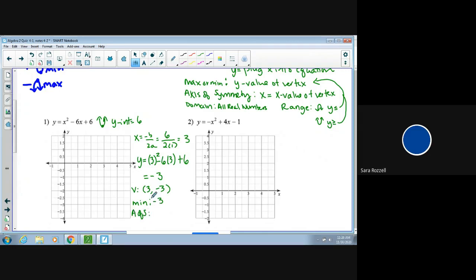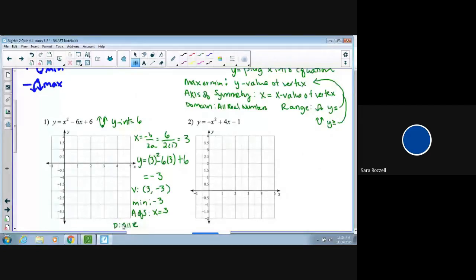Axis of symmetry is the x value of your vertex. So x equals, hold that up with your fingers. What's the x value of the vertex? 3, good. Then we'll do domain and range, and we'll sketch it. Domain is all reals.